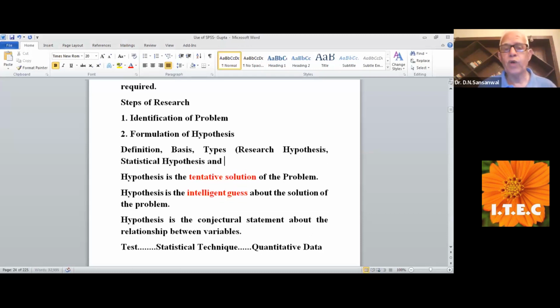And another is called operational hypothesis. So these are the three types of hypothesis. Now there are forms of hypothesis.